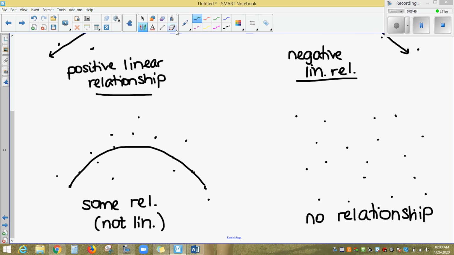If they follow some sort of curve, again, not perfect, but definitely not a line, then they have a relationship, we think, to some other curve, but we're not going to worry about what it is. And if they're just a big massive blob, then we say, I don't think there's a relationship there at all.